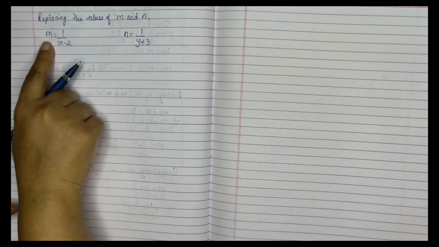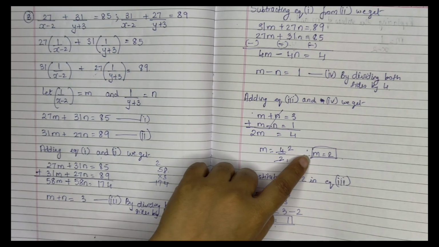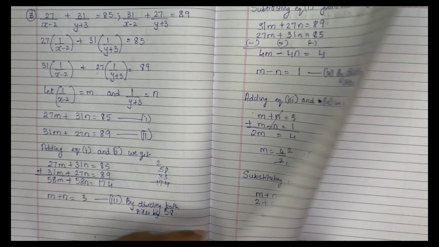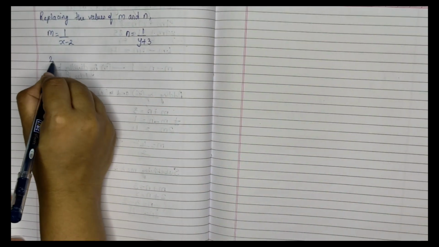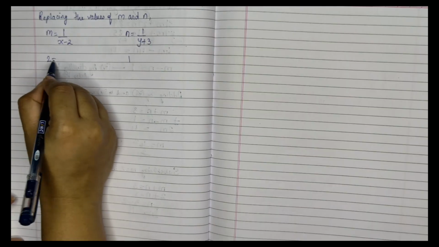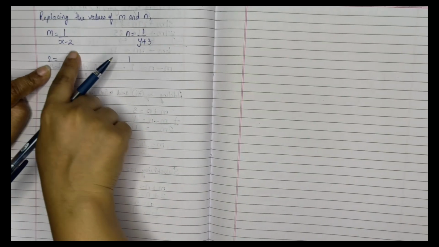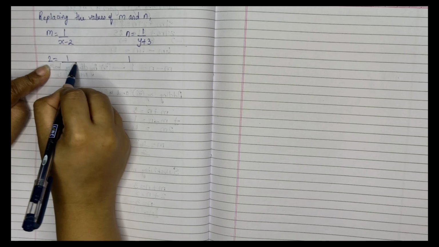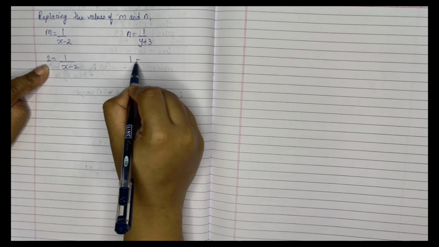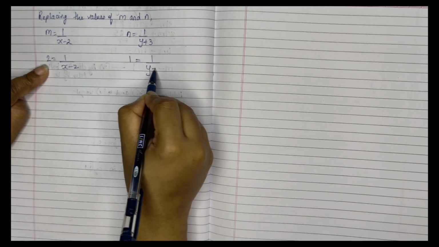Now see here, m we got 2 and n we got 1. The rest we will keep as it is, x minus 2 and y plus 3.